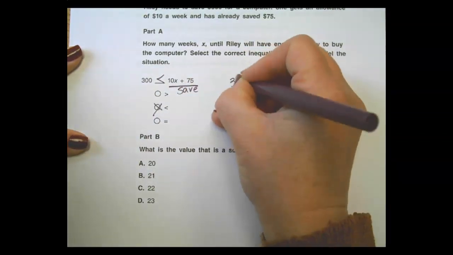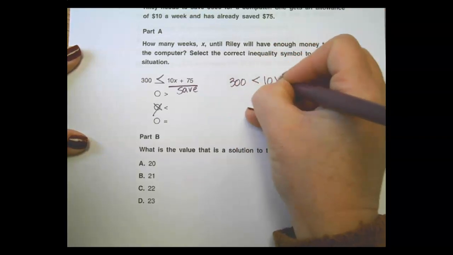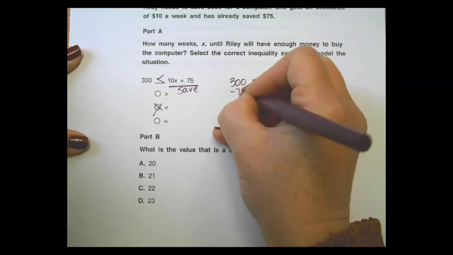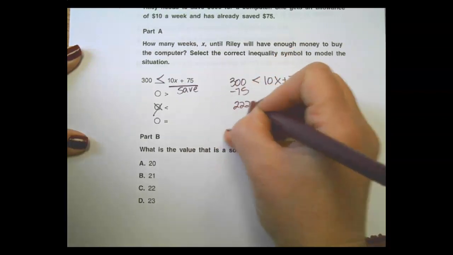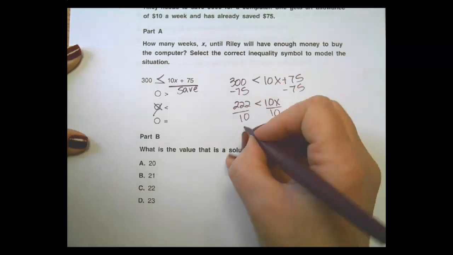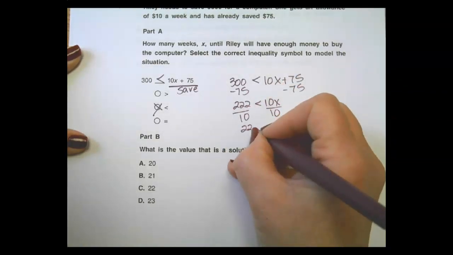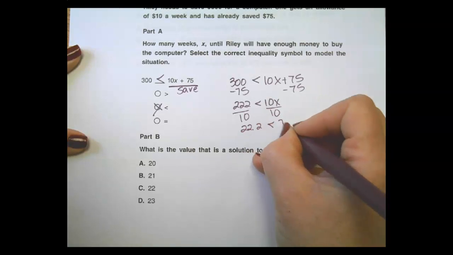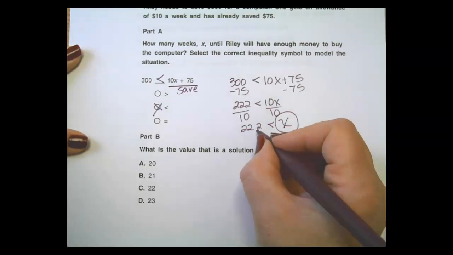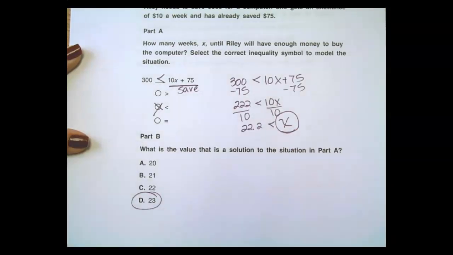And then I need to solve that. So 310x plus 75, subtract the 75. That gives me 225, divide by 10, divide by 10. So that divided by 10 gives me 22.5 is less than x. So my x has to be greater than 22. So that would leave me 23.